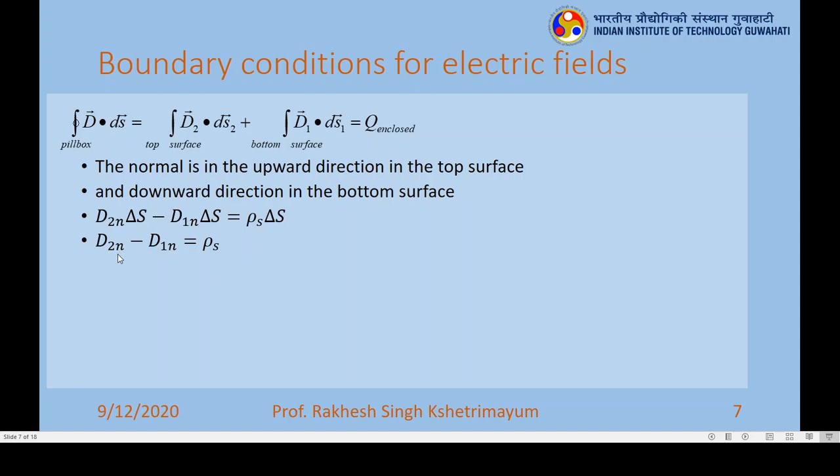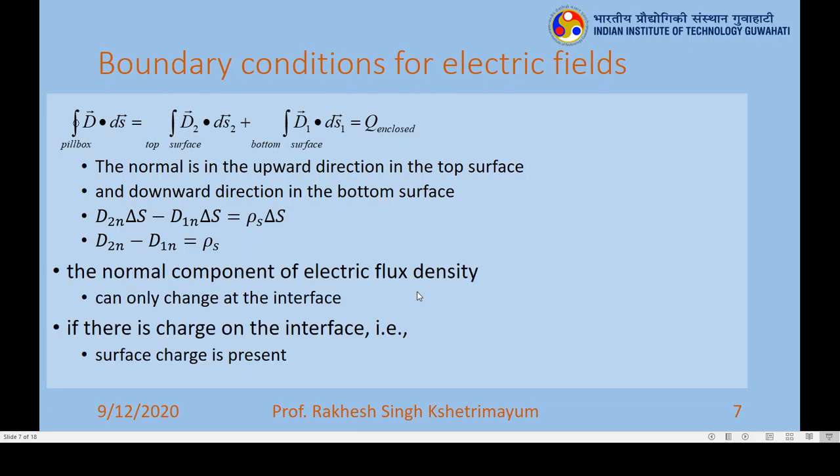Finally what you're getting is D2n minus D1n is equal to rho s. The normal component of the electric flux density is discontinuous at the interface if there is a charge density present at the interface. And so D2n minus D1n is equal to rho s. This is the second boundary condition for the electric field.